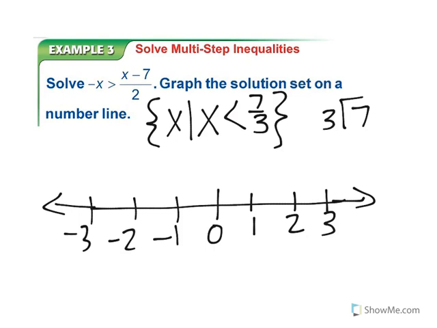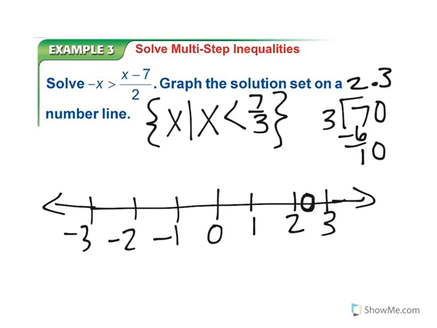Well, 3 goes into 7 2 times, so we have a 1. 3 can't go into 1, so we have our 0, bring it down, have our decimal. And so 3 goes into 10 3 times, so this is around 2.3-ish. So if we look here, we want to put our dot at about 2.3.